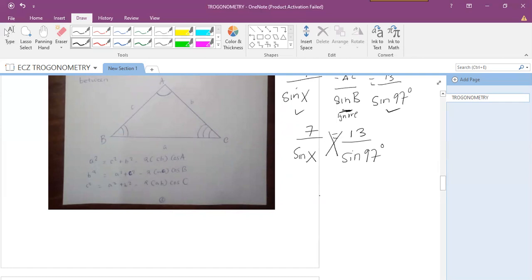So I'm going to cross multiply and say 13 sine x is equal to, so on your calculator, we have to find the value of sine 97 and multiply it with 7. So punch sine 97, then you say equals, then you say times 7.